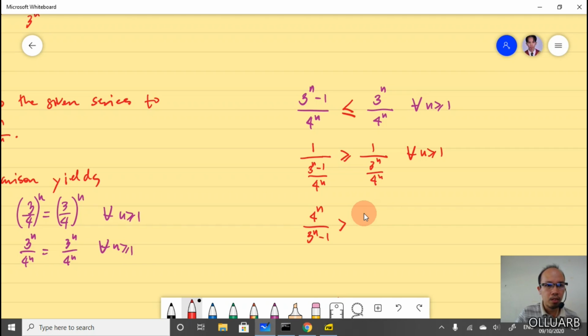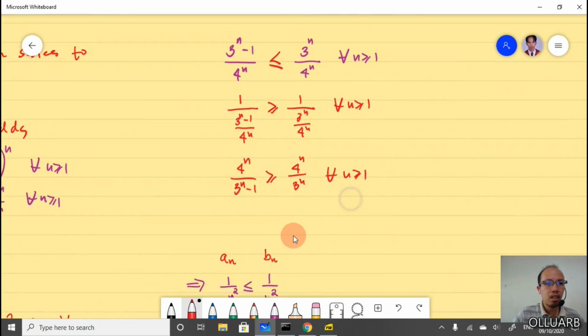4 to the n over 3 to the n minus 1, which is greater than 4 to the n over 3 to the n for all n greater than or equal to 1.